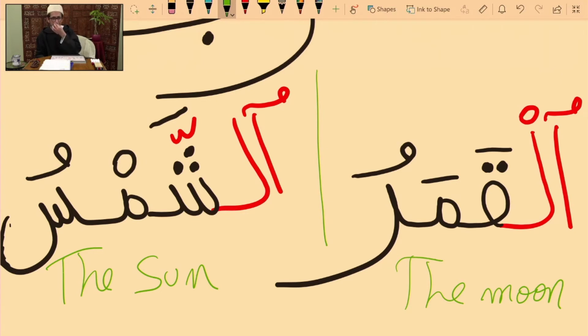Depending on whether the first letter of the noun is lunar or solar, we get the moon-like Al, which we call Al-Qamariyya, the Al of the Qamar, or Al-Shamsiyya, the Al for the Shams.